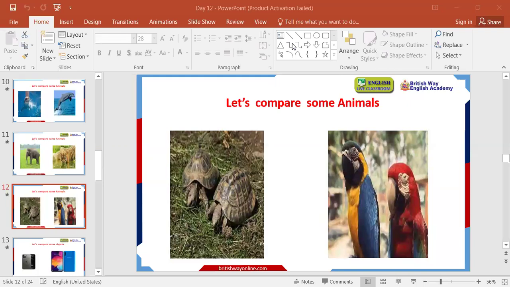Macaws are louder than. Tortoises are more secure than macaws.